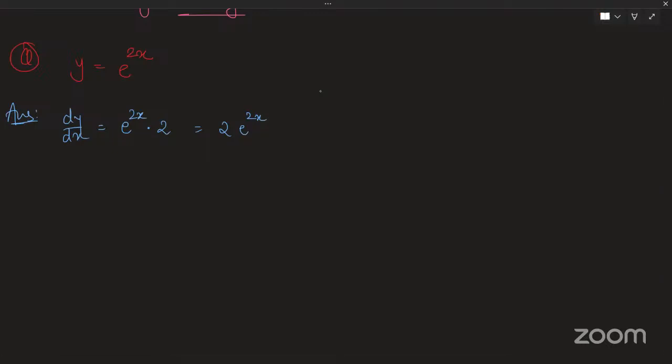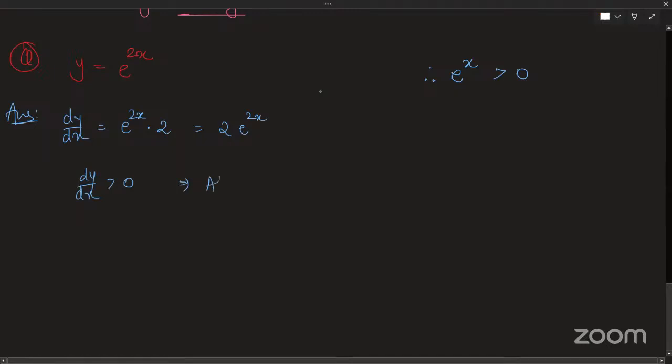Is that possible? e raised to x in general is always positive. I hope all of you remember relations and functions. e raised to x is always a positive value, so e raised to 2x will also always be a positive value. So dy by dx is always greater than 0. So the function is always increasing.